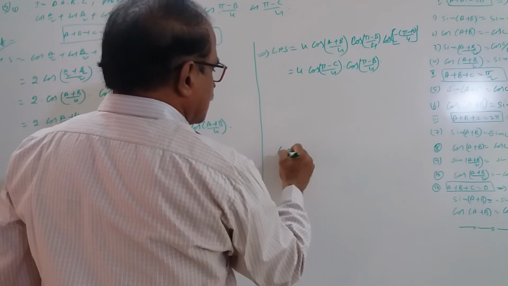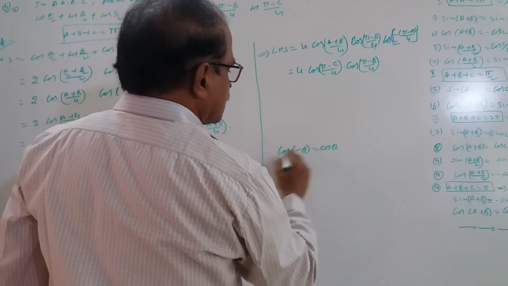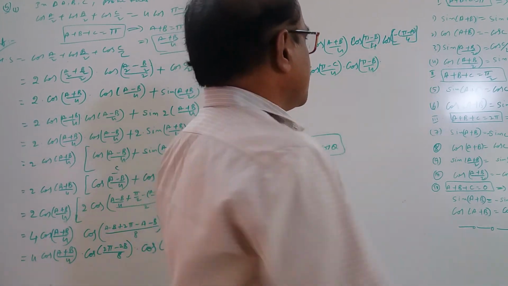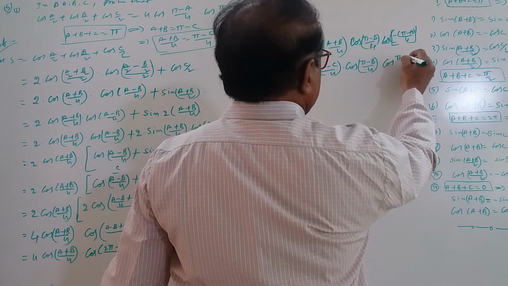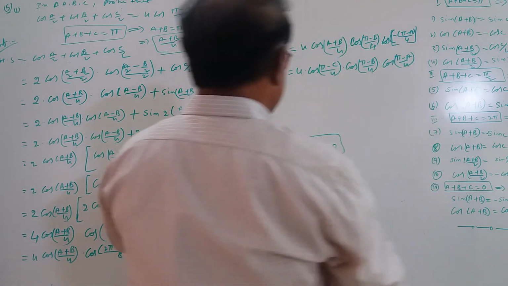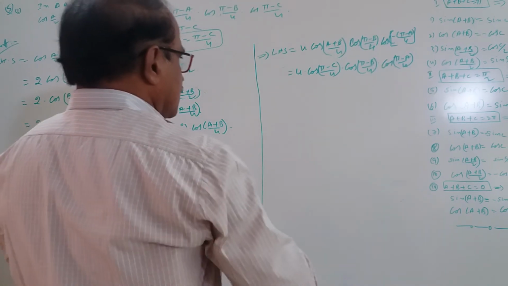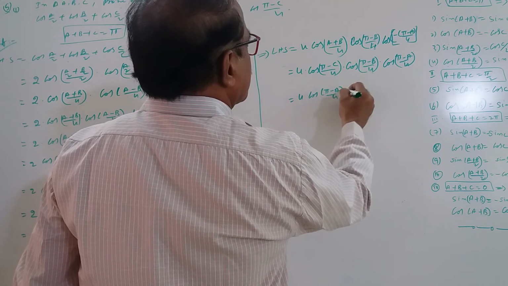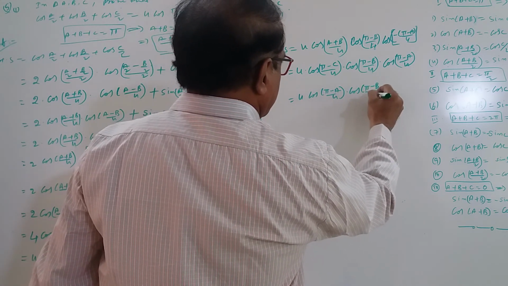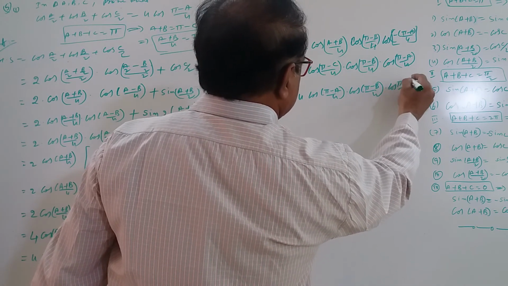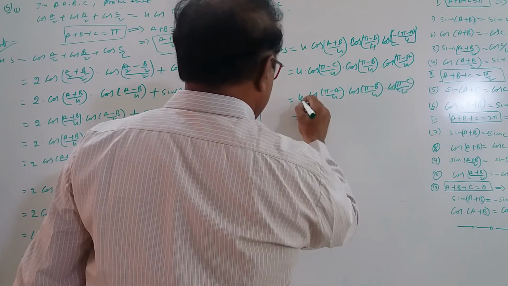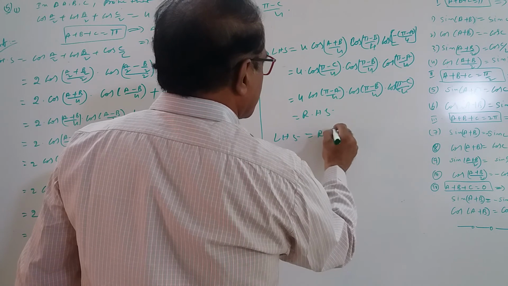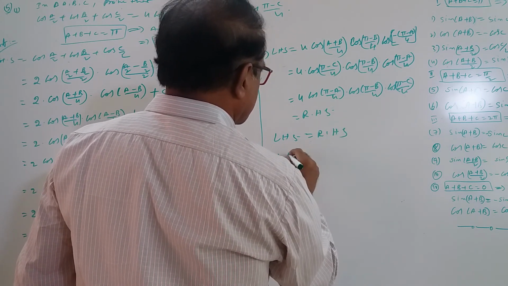We know that cos of minus theta is equal to cos theta. By using this, cos of minus of (pi minus A) by 4 is equal to cos of (pi minus A) by 4. If you rewrite the terms in order, we get cos of (pi minus A) by 4 into cos of (pi minus B) by 4 into cos of (pi minus C) by 4. This is what we required for the RHS. Therefore, LHS is equal to RHS. Hence proved.